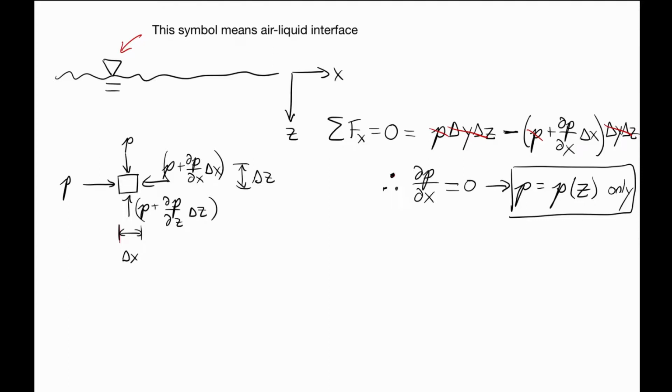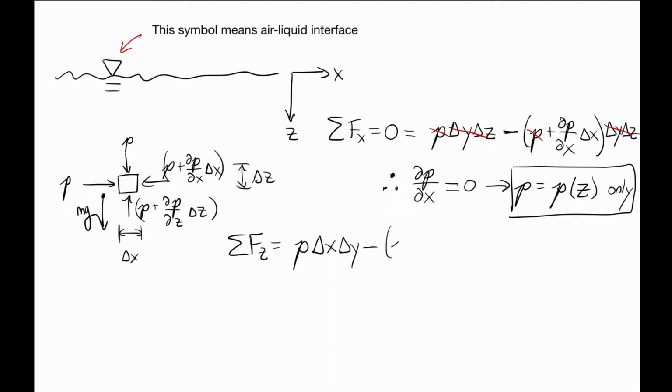I forgot to draw gravity acting in this thing. So gravity acts in the positive z direction, going downward on the infinitesimal element. So the force is m times g, where m is density times volume. All right, so now we do the sum of the forces in the z direction, and one of the pressures points downward, which is in the positive z direction, confusingly.